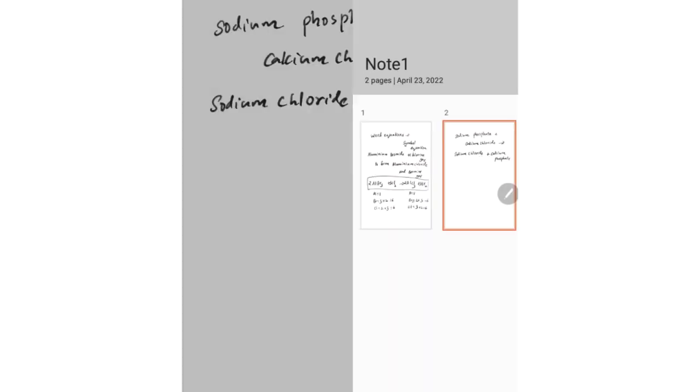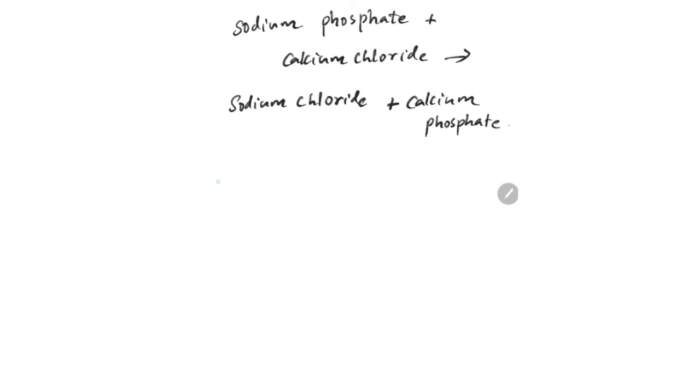Sodium phosphate, Na3PO4, plus calcium chloride, CaCl2, gives you sodium chloride, NaCl, plus calcium phosphate, Ca3(PO4)2.